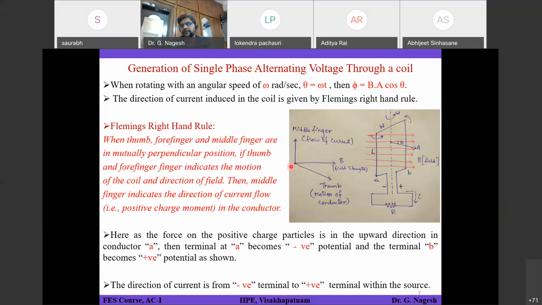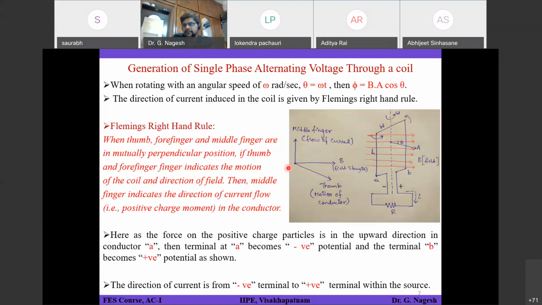So try to place your middle finger forward and thumb perpendicular to that, with the forefinger as B. Your middle finger will then indicate the direction of the current flowing in the coil. You can place all three fingers perpendicular to each other and check the direction of the current.